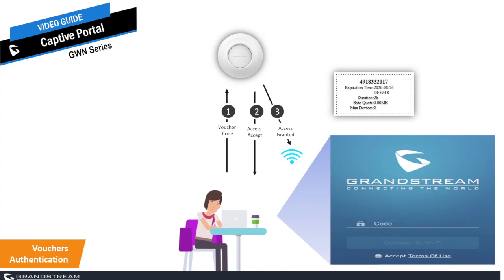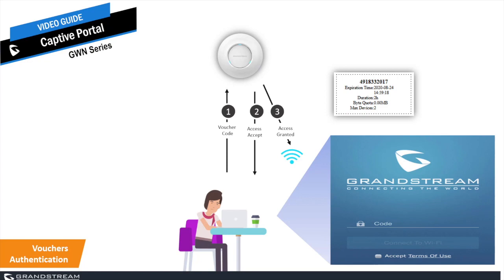When creating vouchers, you can specify how many devices can connect to Wi-Fi using the same voucher code. You can allow up to 5 devices to connect using a single voucher code, and the expiration duration of the voucher will start counting after the first successful connection.